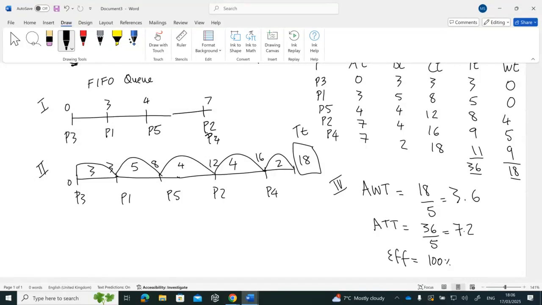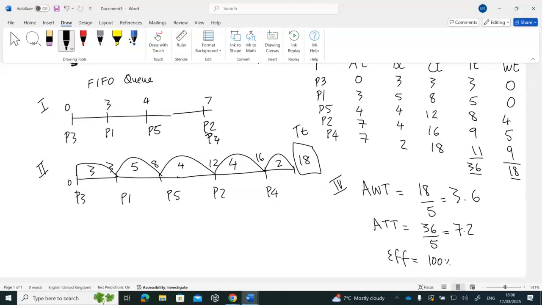So the average waiting time, is this high or low compared to the previous example? It's lower. The previous example that we did, what was the average waiting time? 11. And here it is 3.6. Why do you think that is? Can somebody think? Look at the two problems. Tell me why this is less.